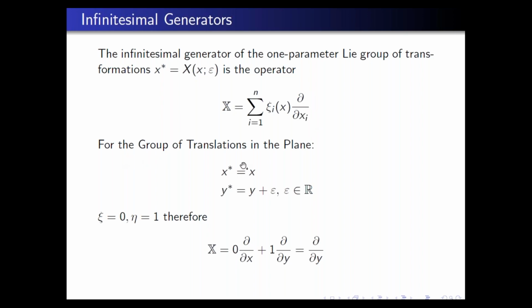For example, for the group of translation in the plane, x star is equal to x and y star is equal to y plus epsilon, epsilon belongs to R, we calculated in the last slide that xi is equal to 0 and eta is equal to 1. Therefore, this capital X becomes 0 times del by del x plus 1 times del by del y, which is del by del y.